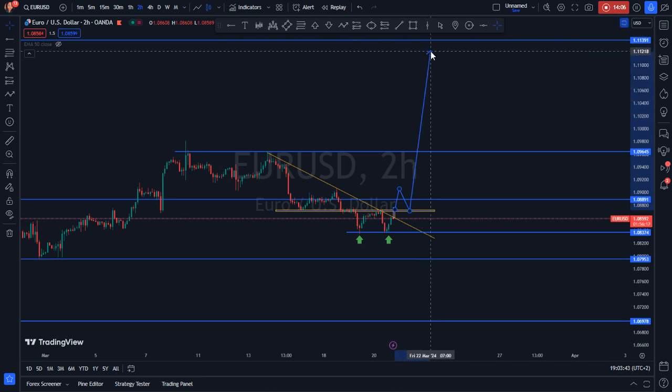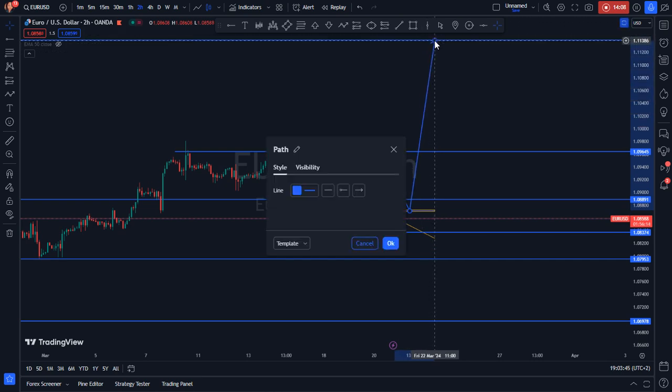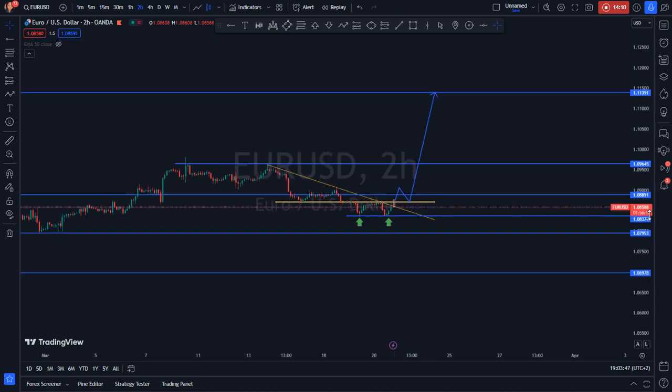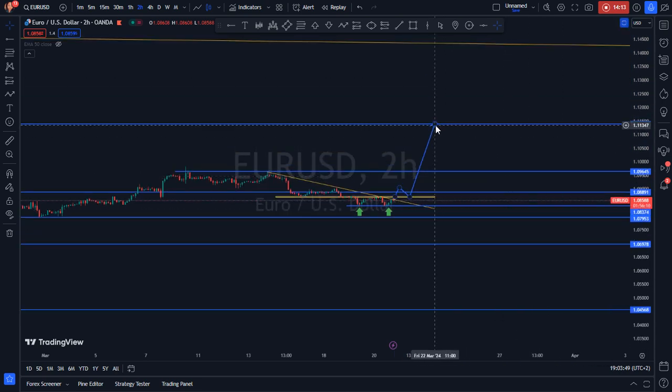Because we have seen from the higher time frame that the market might possibly be going to that trend line that we drew all the way. So remember that trend line there that we said we're gonna use as a reference. Maybe the trade can be going there, but for you to be safe, because you can't predict the market, you can make this first TP, and then this being your second TP.